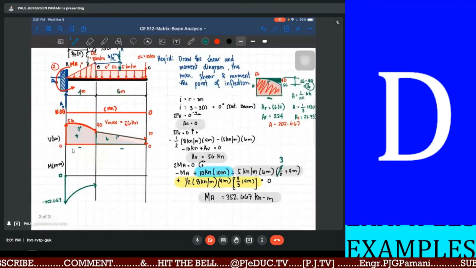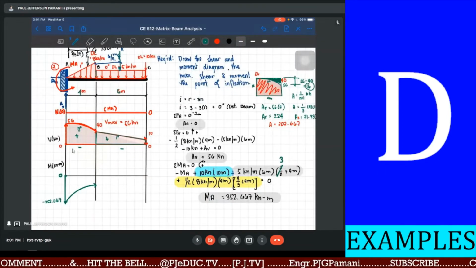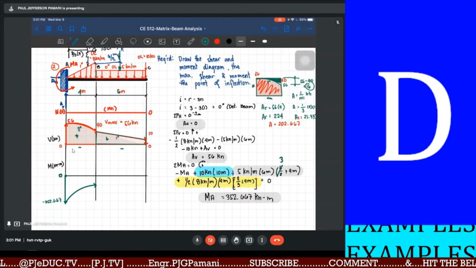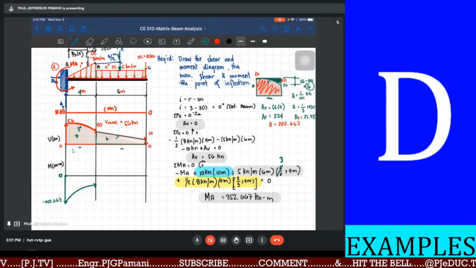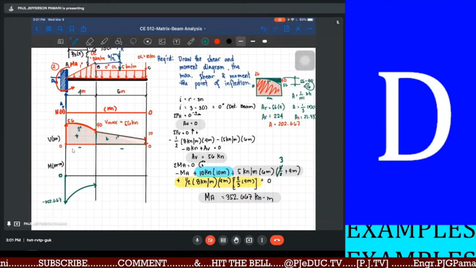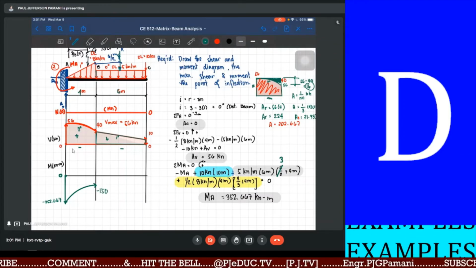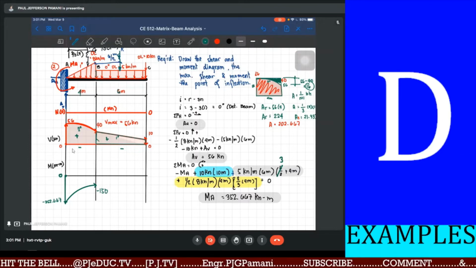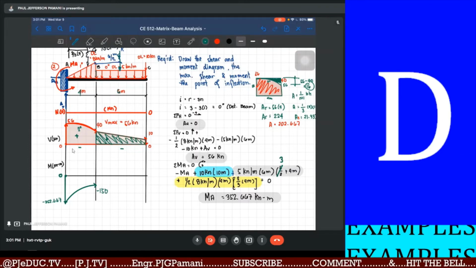So that is 352.667 plus negative 352.667 plus 202.667. Ayun. Negative 150 kilonewton meter. Then, computing the area of our trapezoid.